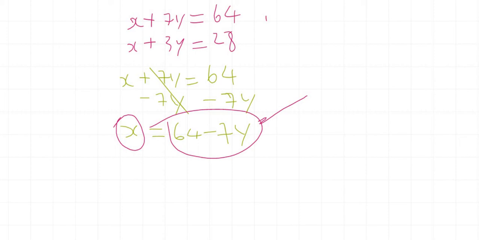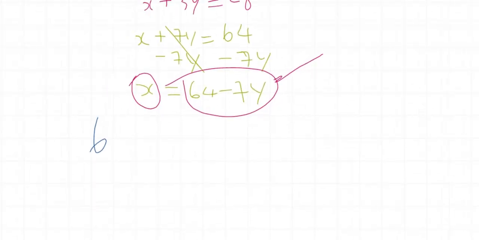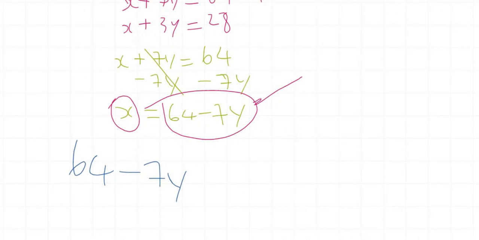And so we have now 64 minus 7y plus 3y is equal to 28.